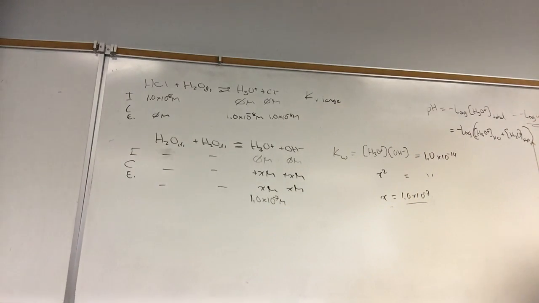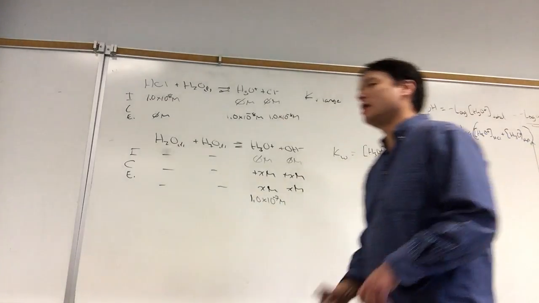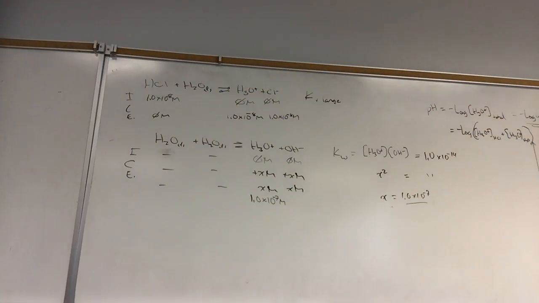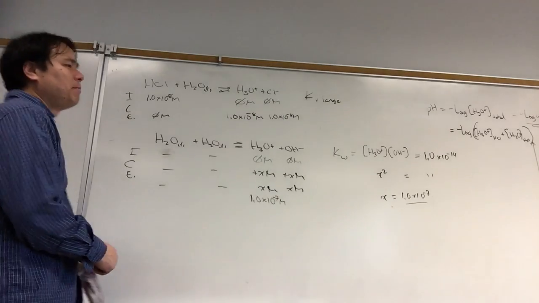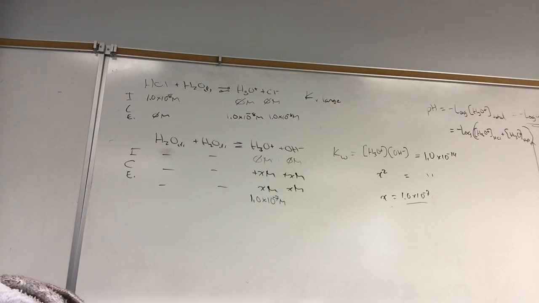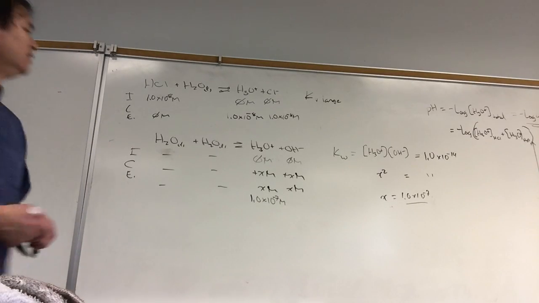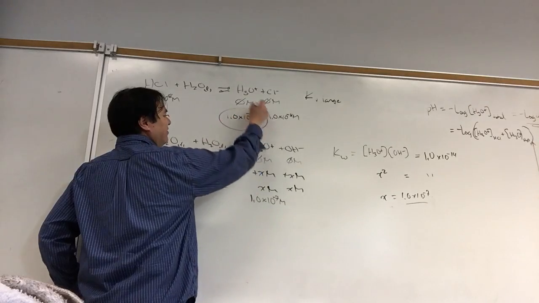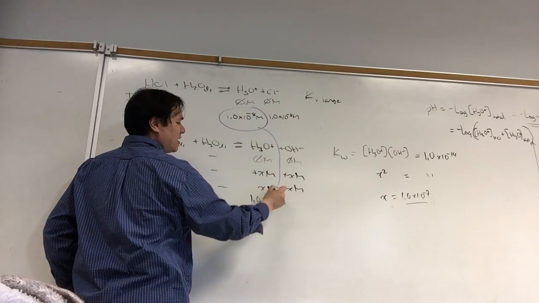You see that? The hydronium from the HCl plus the hydronium from the water. And so what we should do is just add up the two hydroniums. Let's combine the two hydroniums like this. I have this hydronium here, and I'm going to combine it with this hydronium here.